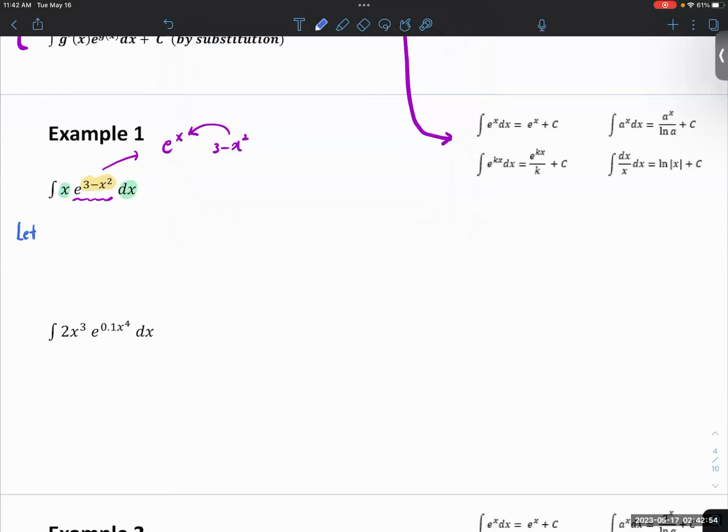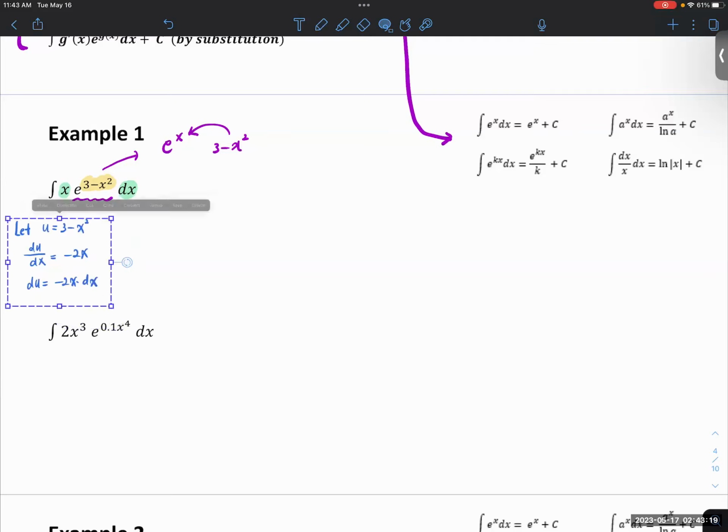Let u equal to 3 minus x to the second. So we take the derivative, du over dx, negative 2x. So cross multiplication, negative 2x times dx, that is a du. And then I want to find out x times dx. So what happened?